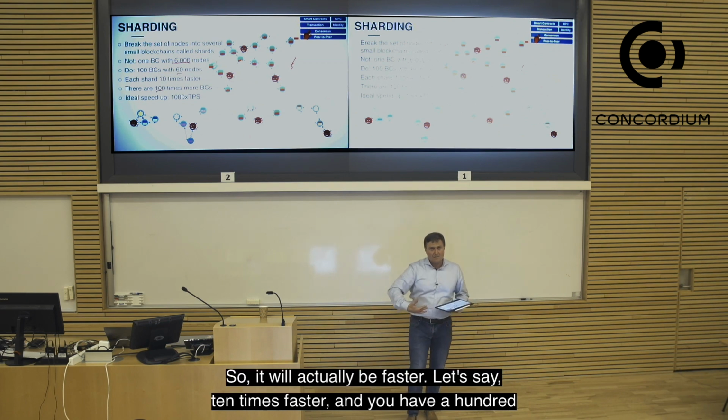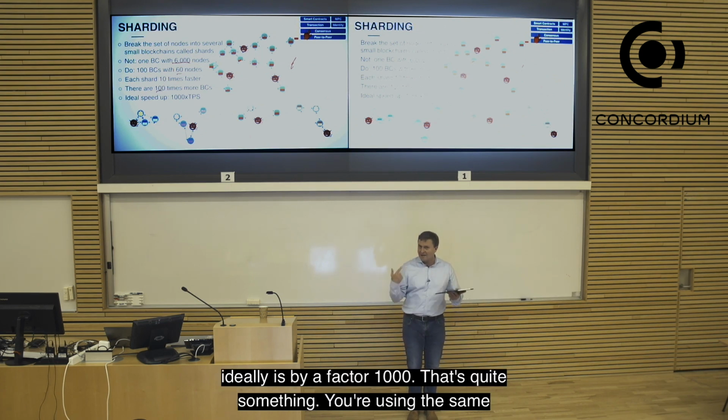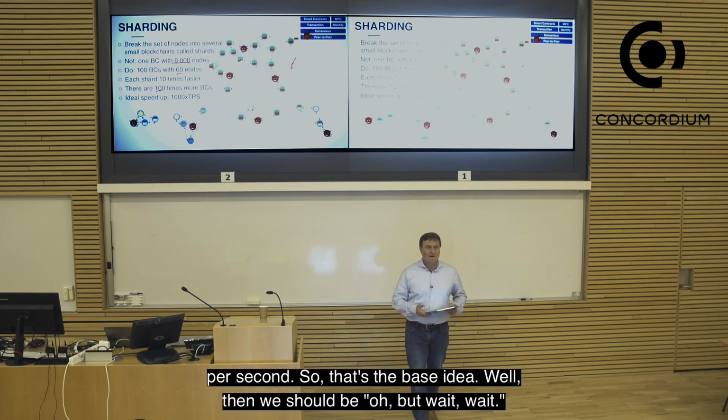Each of them is smaller, so it will actually be faster, let's say 10 times faster. And you have 100 blockchains, each of them 10 times faster, so the overall speed up ideally is by a factor 1,000. That's quite something, right? You're using the same resources, but you're putting 1,000 times more transactions through per second. So that's the base idea.